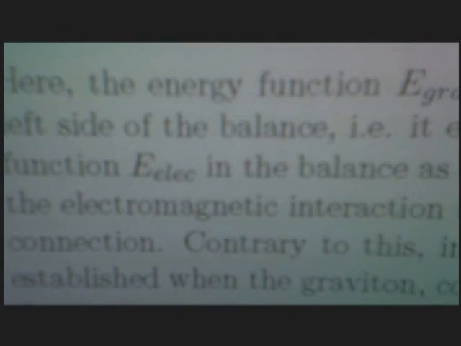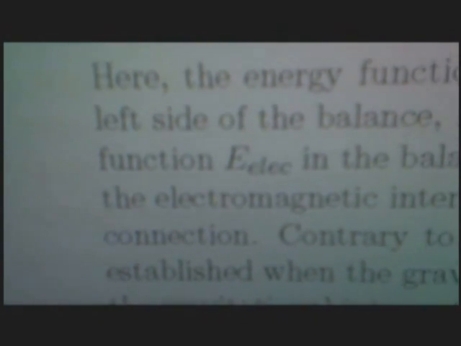Here the energy function E gravitational is actually retrieved from the general energy function E of r on the left side of the balance. That is to say, it enters the balance linearly. This is contrary to the entry of the energy function E electric in the balance as a squared term.